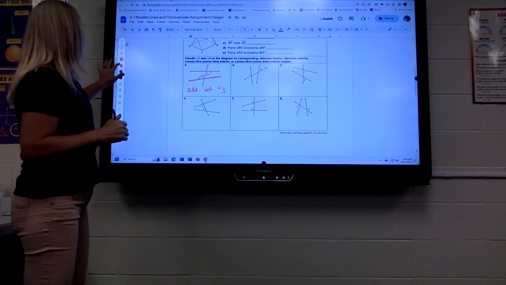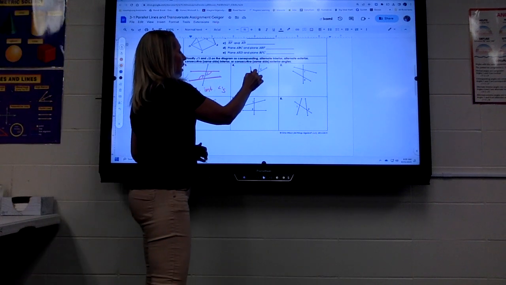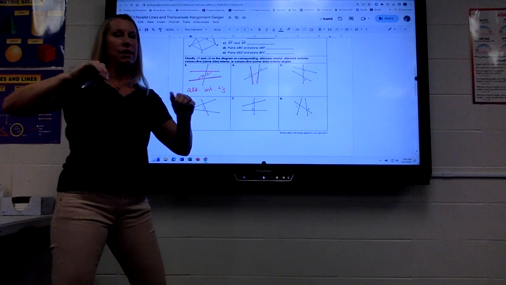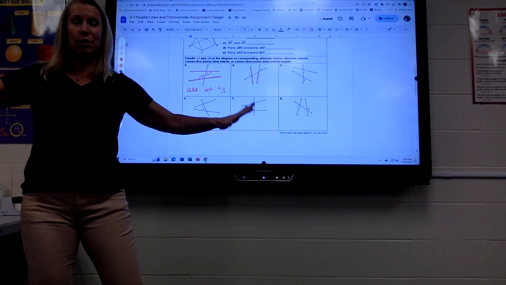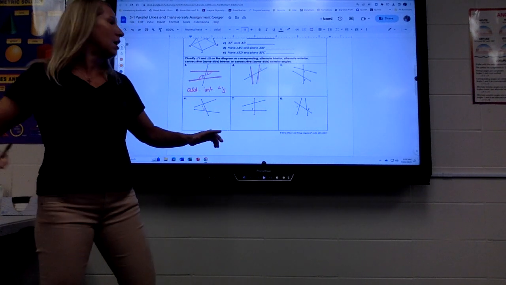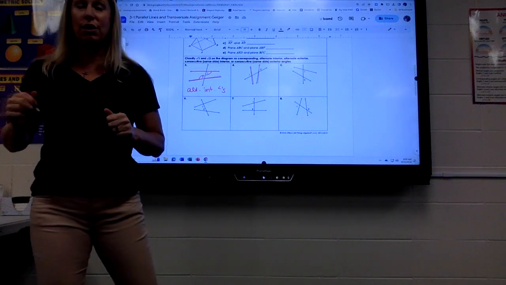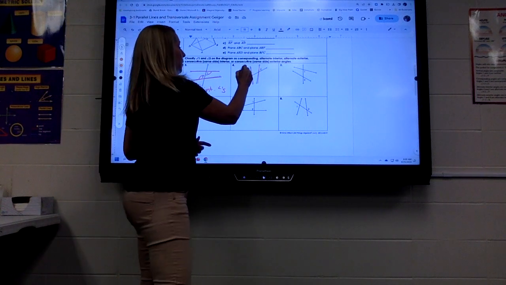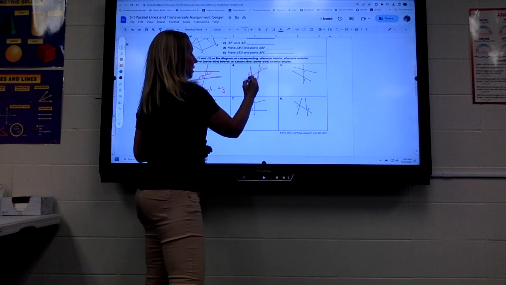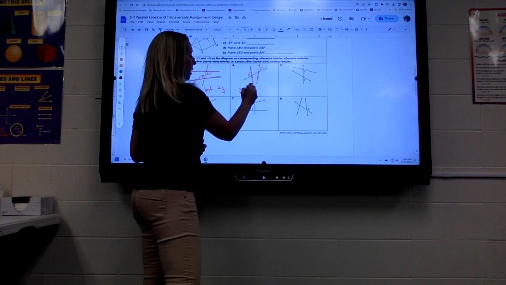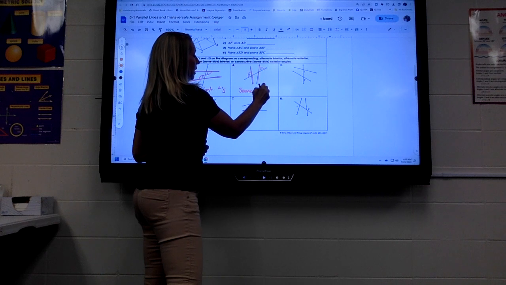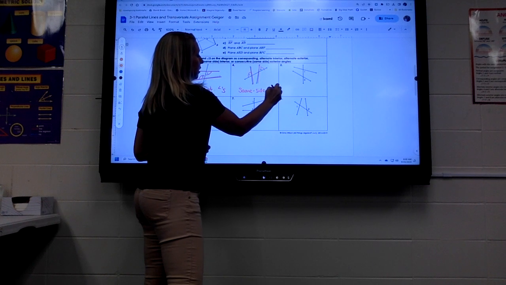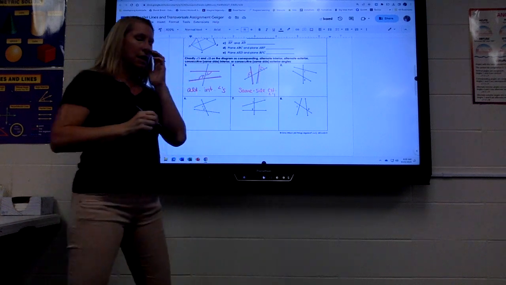So then like on number 4, here's my 2 lines. So notice they're outside the 2 lines. So those would be exterior angles. Do they alternate over the transversal, or are they on the same side? Well, they're on the same side. So that would be same side exterior angles.